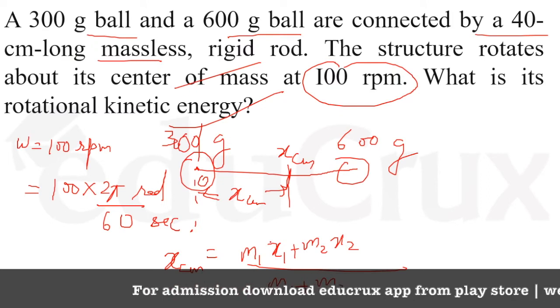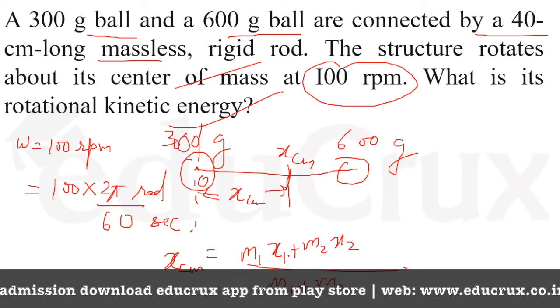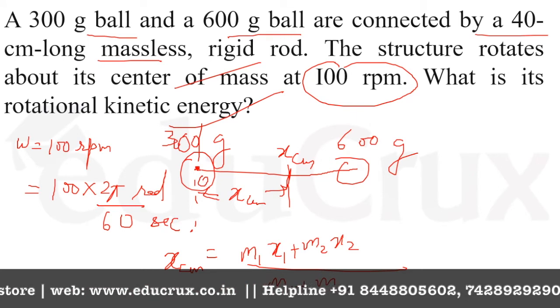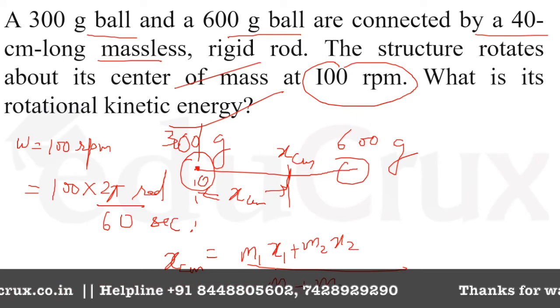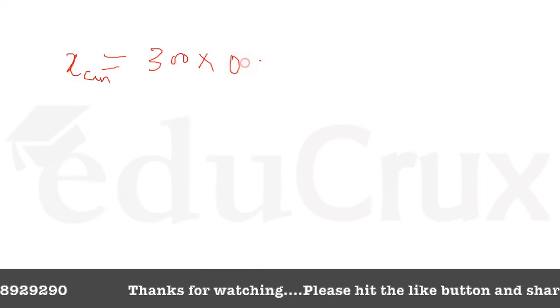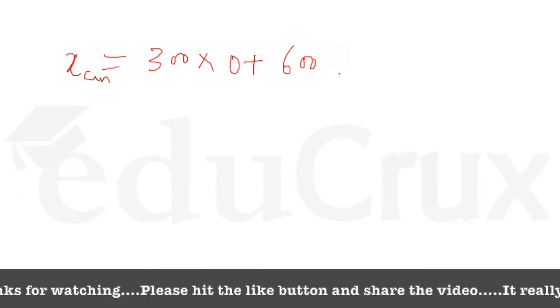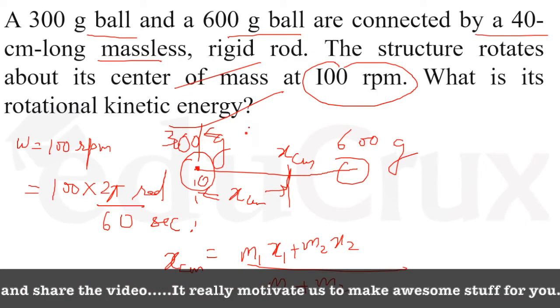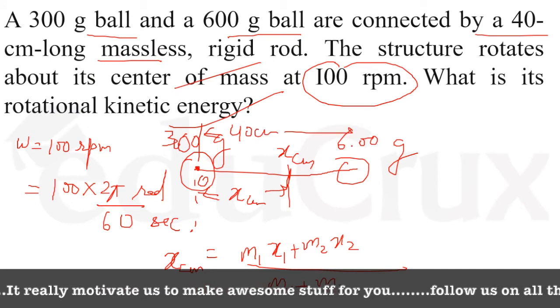Okay, so 300 into the position of the center of mass of the first ball, which we have taken as our reference point. So this is 0 only. X1 is 0. And for 600, x2 is the distance, and what is given in our question is 40 centimeters.